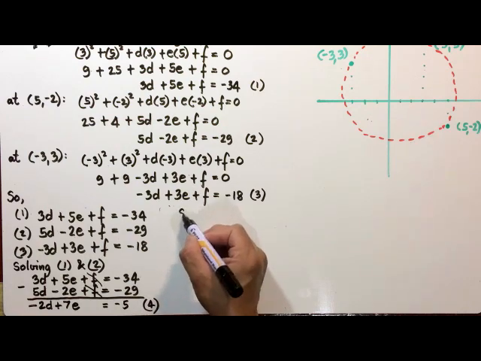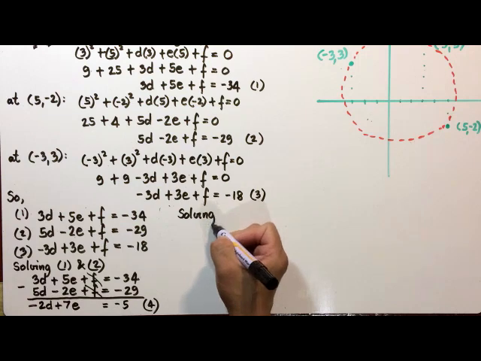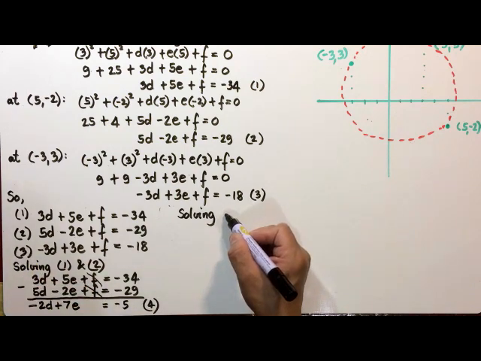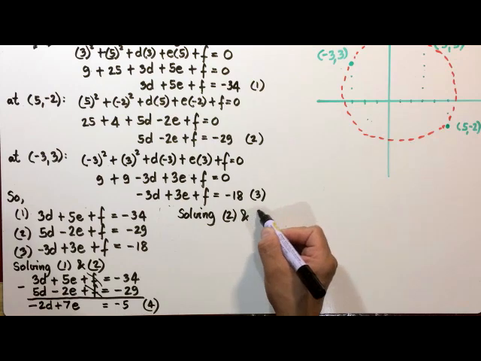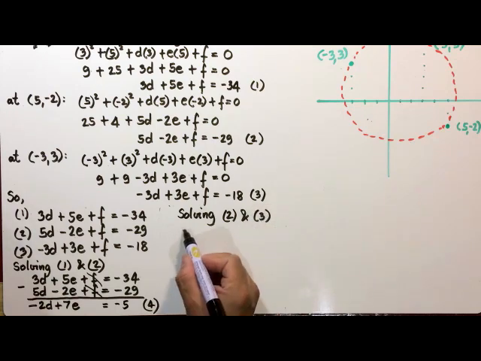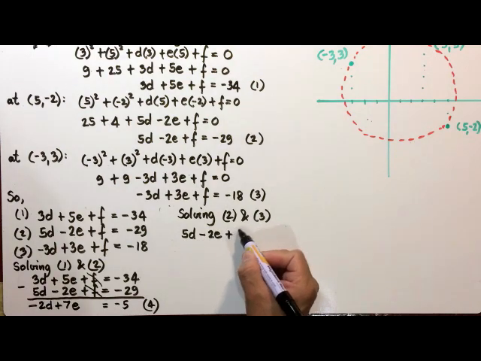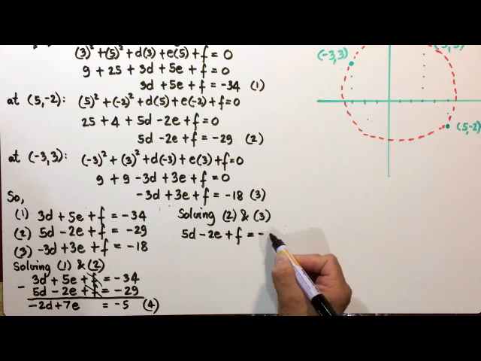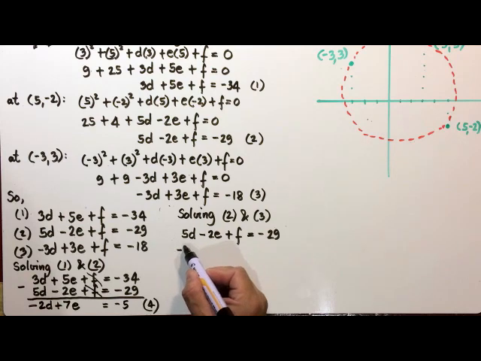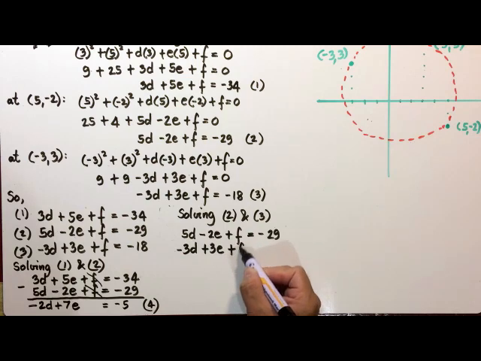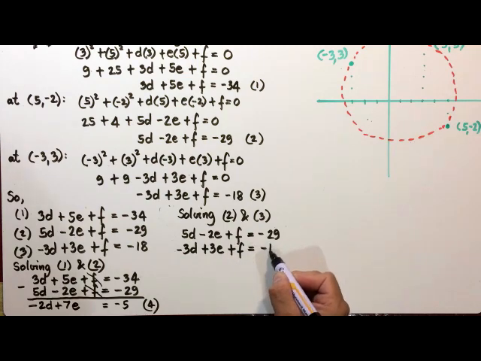Also, I need to solve 2 and 3, because I'm done with 1 and 2. So solving equation 2 and 3, my second equation is 5d minus 2e plus f is equal to negative 29. And my third equation is minus 3d plus 3e plus f is equal to minus 18.